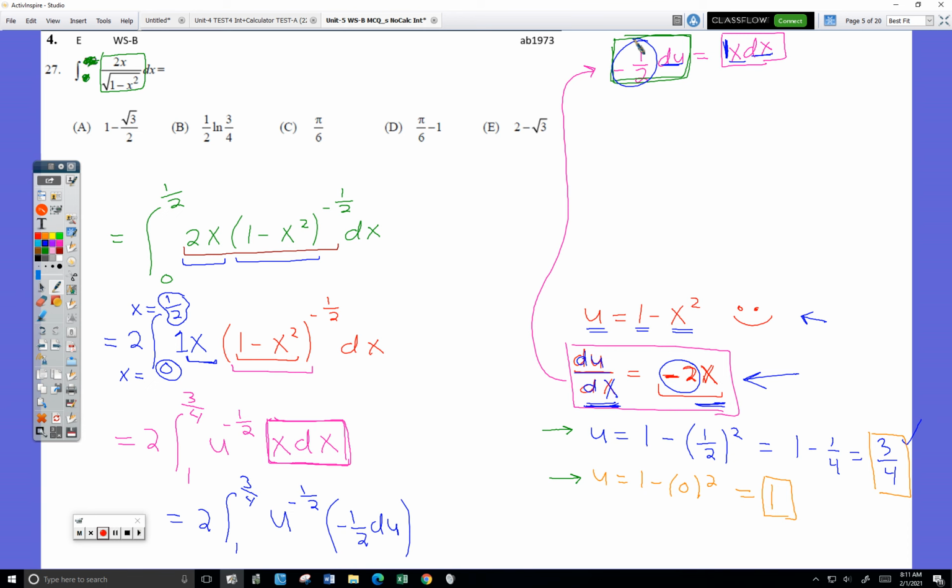Cool. Okay, we have completed the U transformation. We're trying to do this problem, but because we don't have a rule for finding this antiderivative, we have to do a U transformation first so that we can have a rule for finding the antiderivative.